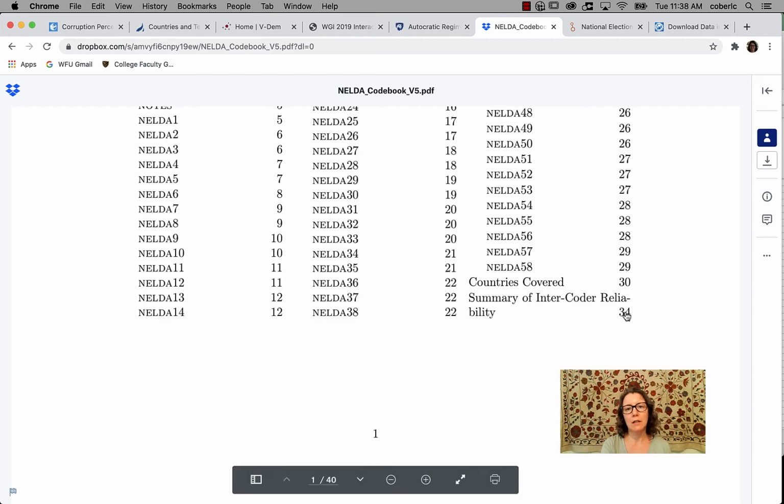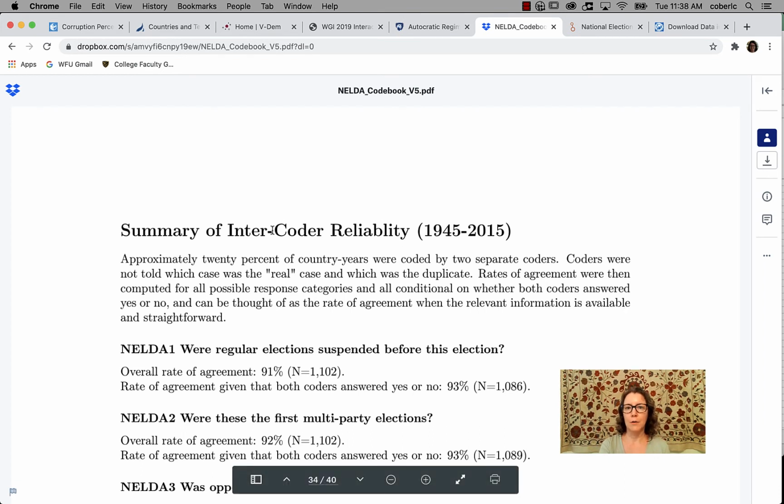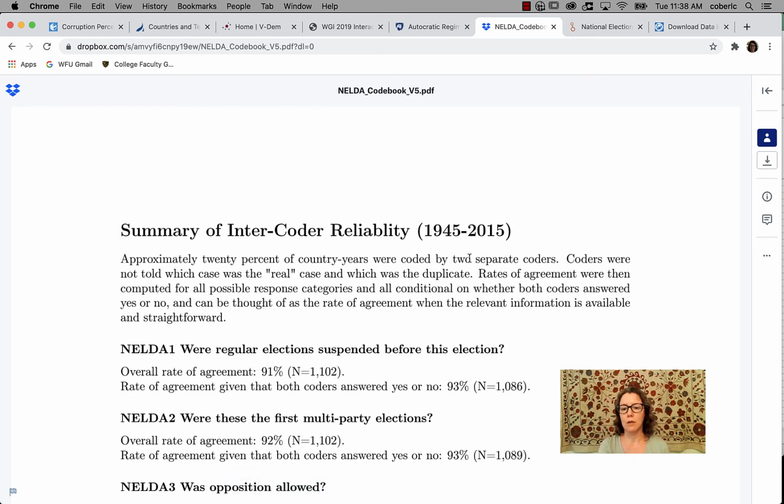So well-constructed data sets will have more than one person go over the same exact information and then compare the results of those two people to each other. So in this particular case, the authors have provided information on how often the two separate coders, the two separate people who looked at the data and made decisions about it, were in agreement with each other.